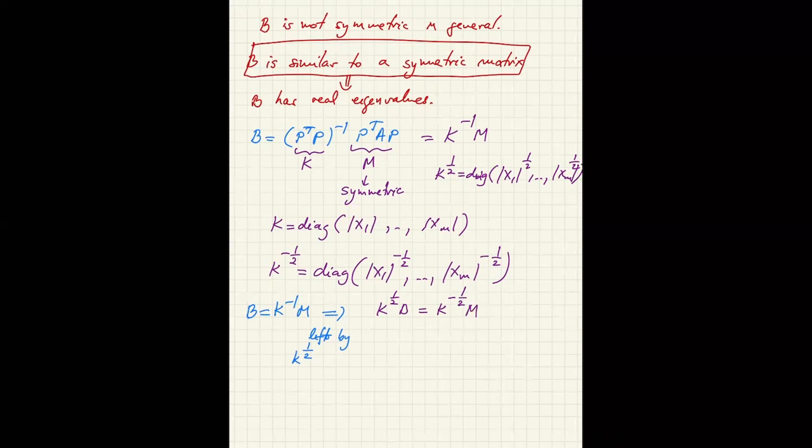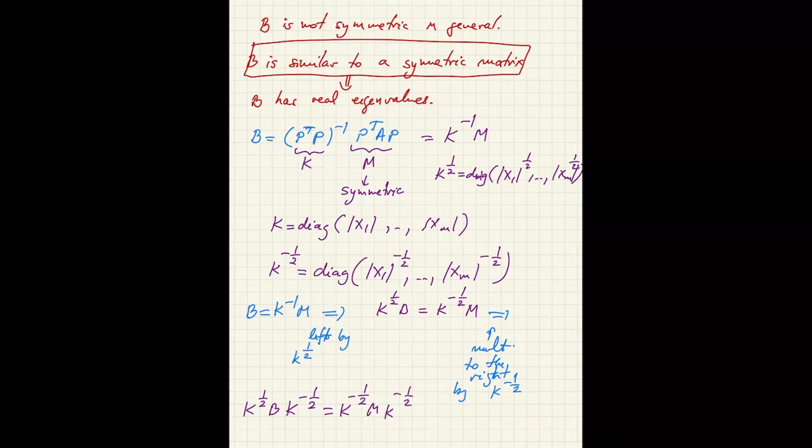At the next step, you multiply to the right by K to the minus 1/2. What we get is K 1/2 B K minus 1/2 equals K minus 1/2 M times K minus 1/2.